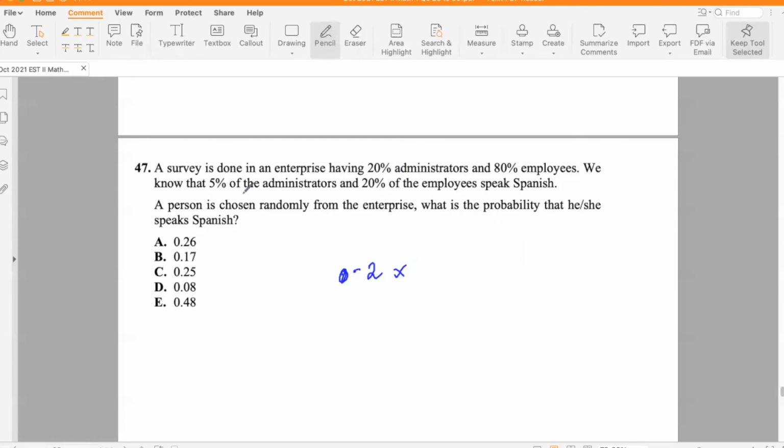And then 5%, so 0.05 plus 0.8 if they are an employee and 0.2 of speaking Spanish. So this becomes 0.01 plus 0.16. So this becomes 0.17. So option B.